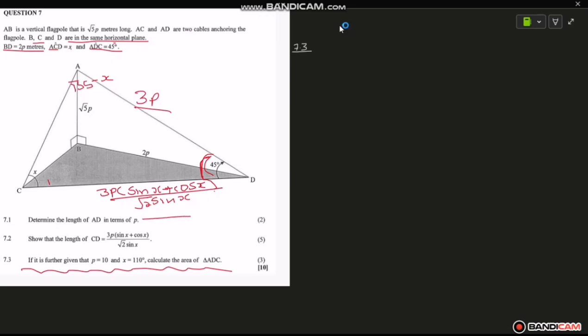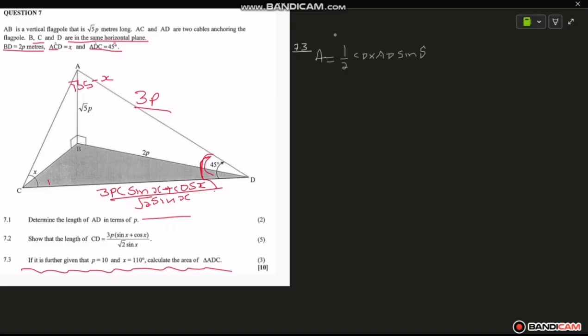These two sides are forming included angle D, as I've explained. So it will be half times CD times AD sine included angle D, because CD and AD form included angle D, as you know.